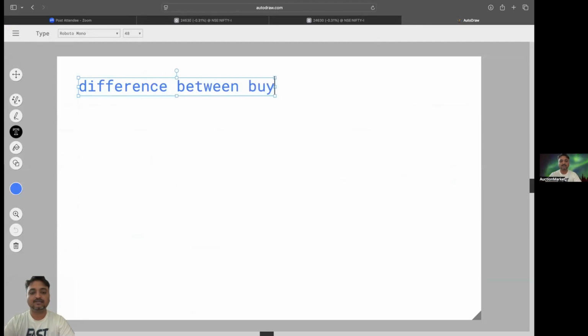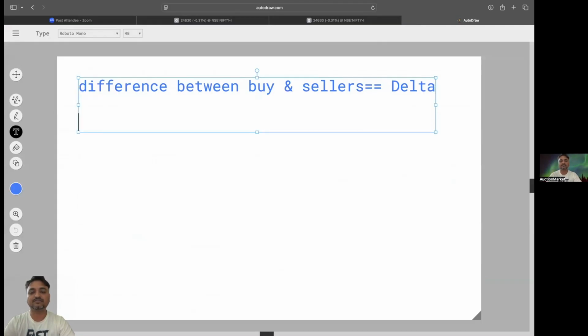The difference between the buyers and sellers is called delta. This is the basic definition of delta. Take an example, we have 100 buyers, and for that particular price, we have 90 sellers.